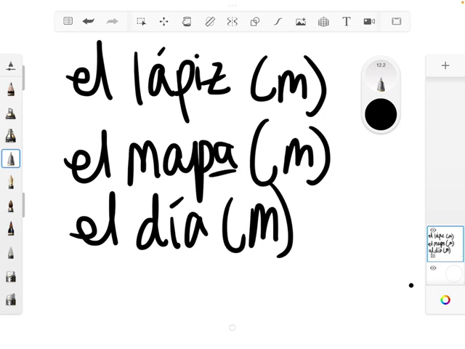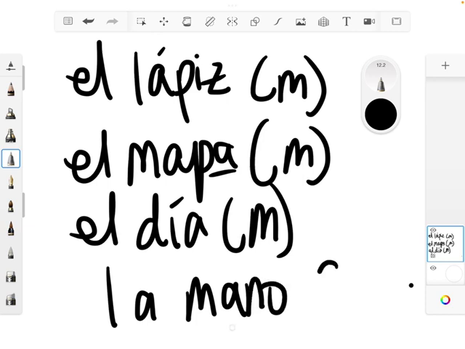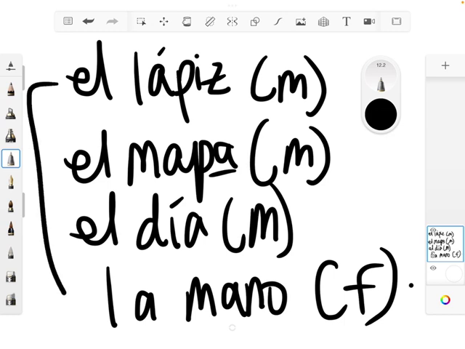Okay? We also have la mano, which means hand, and it's feminine. So these would be exceptions where you want to memorize the actual gender for the word, because it'll be misleading. If you just look at mapa in a cursory way, you might say, oh, that's feminine, I see it ends in an A, but it's masculine. So these I would memorize, okay?